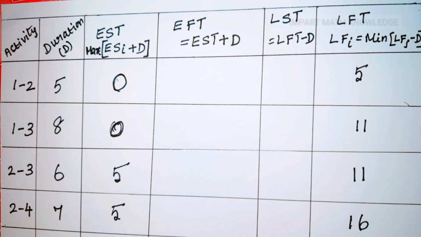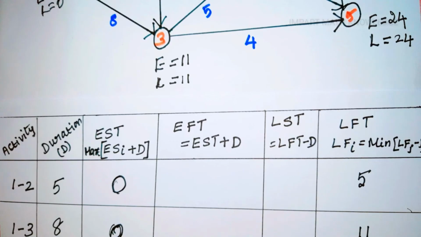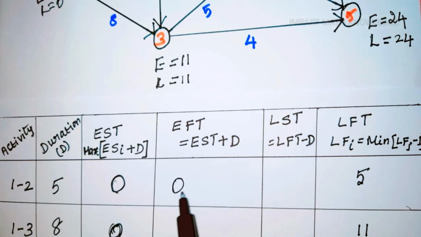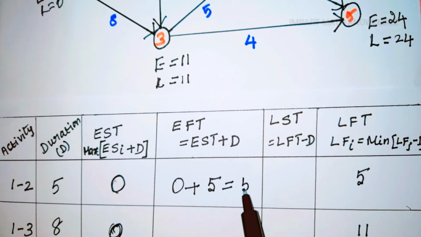Next, we have to find the earliest finish time and latest start time for each activity. Earliest finish time is earliest start time plus duration for that particular activity. For activity 1 to 2, earliest start time is 0, duration is 5, so earliest finish time is 5.